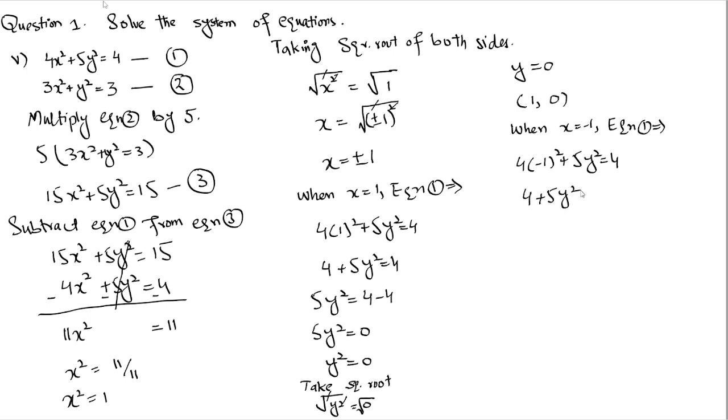So 4 plus 5y square is equal to 4, and we got the same equation as before. After solving we will get y is equal to 0. So when x is equal to minus 1, the value of y is still 0. So the other ordered pair is (minus 1, 0). So the solution set of the given system of equations is (1, 0) and (minus 1, 0).